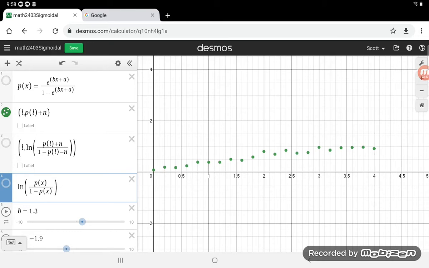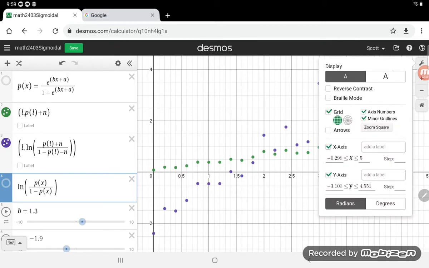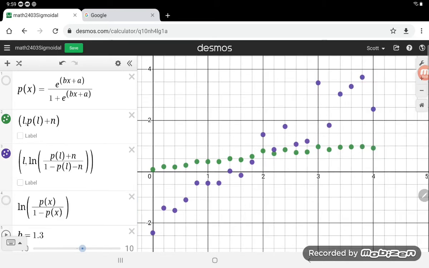And so if instead I do that natural logarithm of the probability of success over the probability of failure, I get these blue dots here. We can maybe make those show up a little better. There we go. We get these blue dots, and those are much more in a straight line, and I can again show that straight line there.